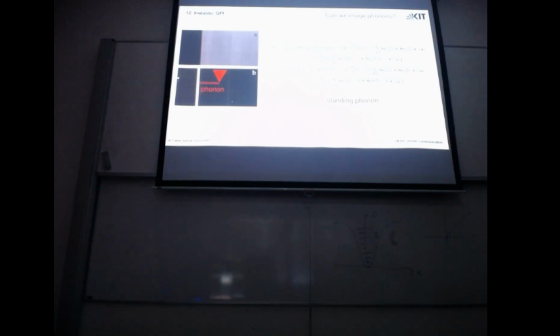Actually, this again is the imaginary and real part shifted by Q. So this is just a phonon traveling from the tip, going back, scattered somewhere, and going back to the tip. These are the standing phonon modes, which should appear in the inelastic current, just like the standing electron waves. Can we see that?